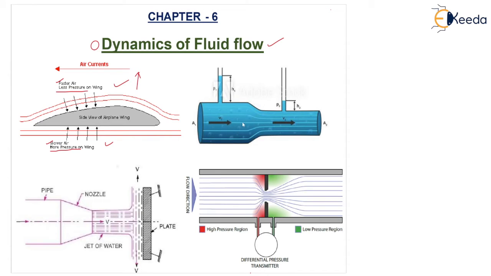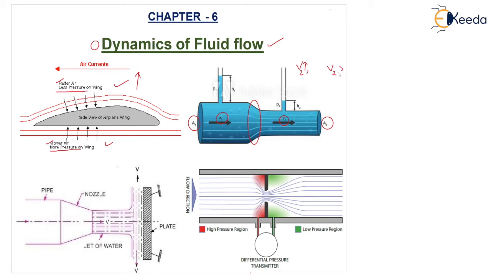The second case is a duct where the inlet cross section area is A1 and the exit area is A2. You can see the velocity V1 mentioned here and V2 mentioned here. In this part the area is decreasing. So we can say that the velocity V2 will be higher than V1.